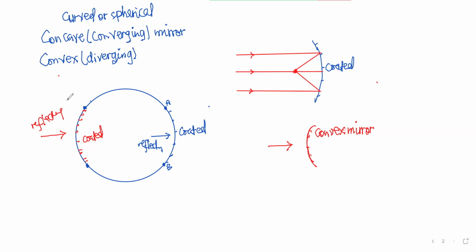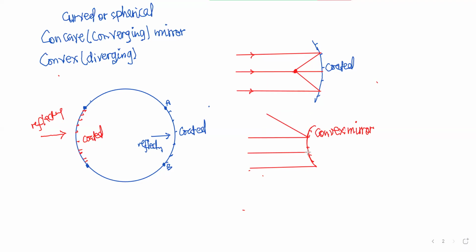Then for convex, when you incident the same parallel beam of light, this one would spread out, diverge the parallel beam of light. So these are parallel beams.